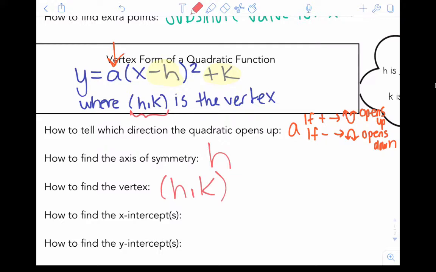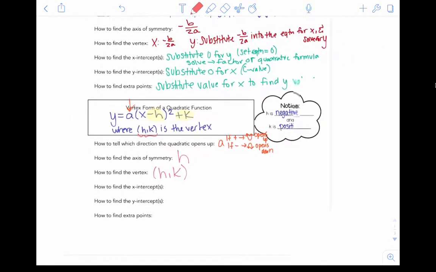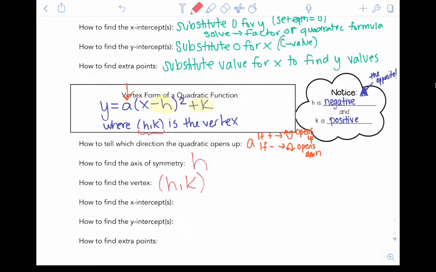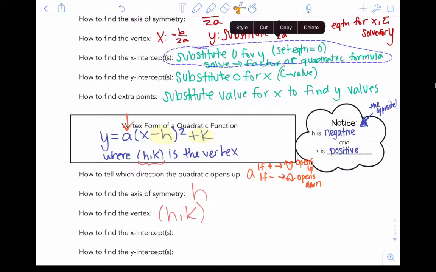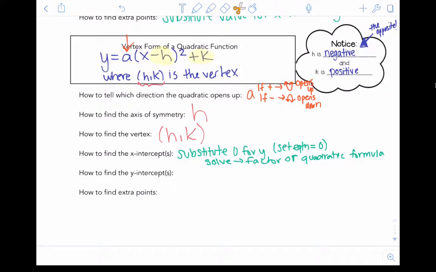Now, how to find your x-intercepts. There's no magical way to do this. It is actually the same as with the standard form. So you're still going to substitute 0 for y, which means you're setting the equation equal to 0.